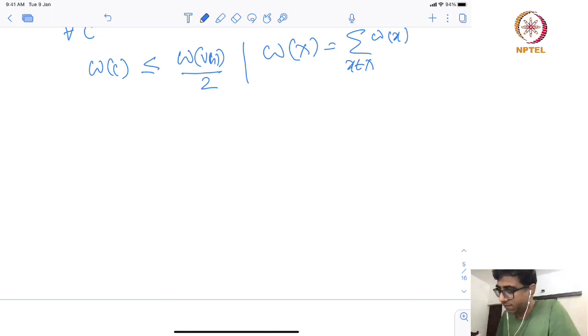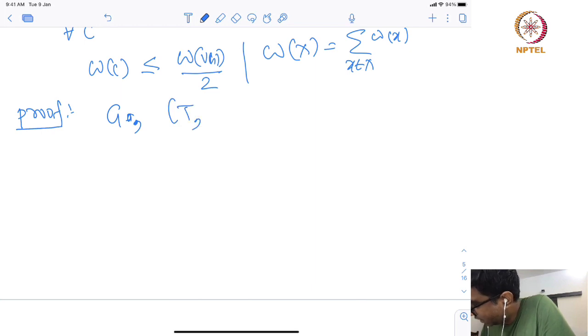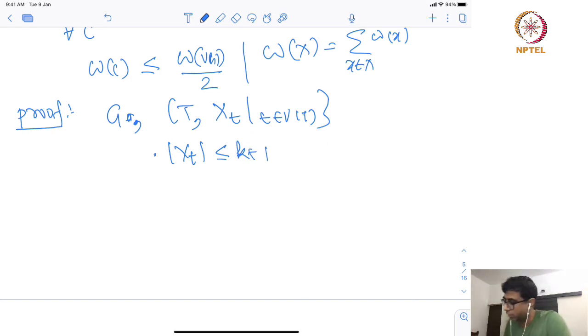The proof is very, very simple, and if you recall correctly, we proved a balanced separator for trees, and it is going to be exactly the same. So, now we have a graph G. We have a tree decomposition T and some bags X_t for t in V(T), and the size of any X_t is at most k plus 1, because the tree width of the graph is at most k.